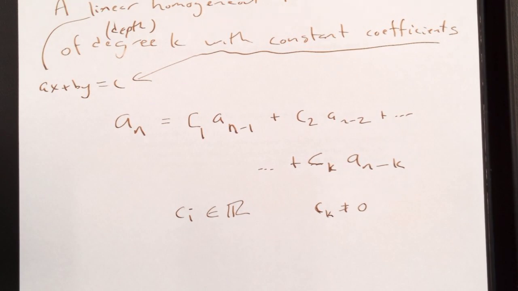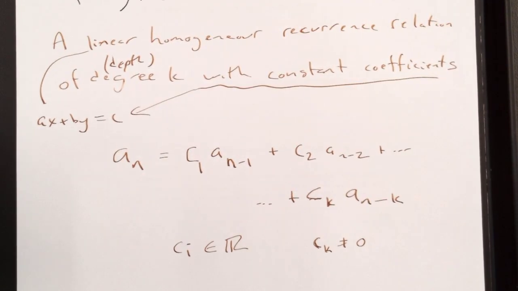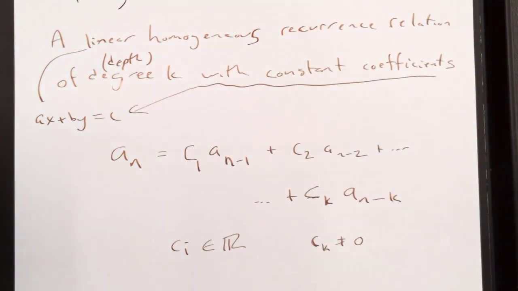There's one other word up there in that description that we haven't defined yet. What's that word? Still don't have any idea what it means. Say again? Homo. Oh, geez, that does look like an R. That should be an S. Homogeneous.